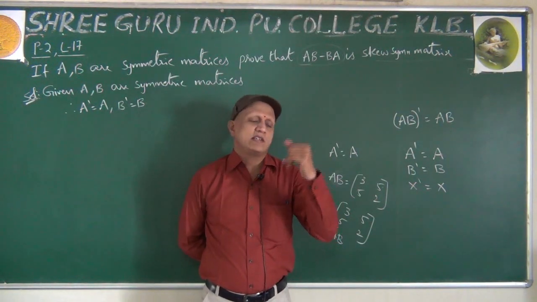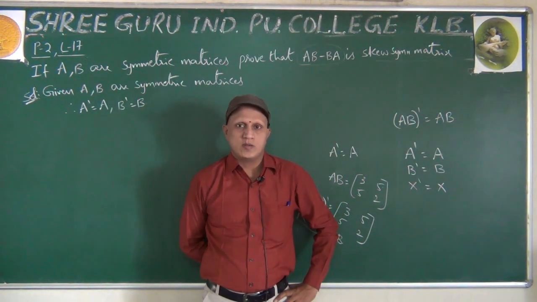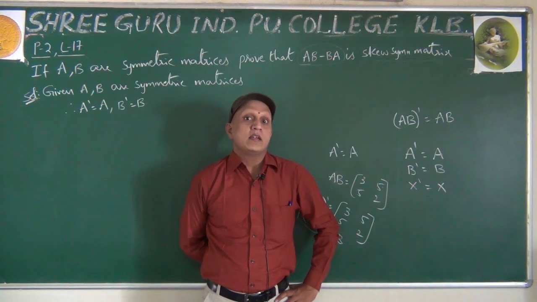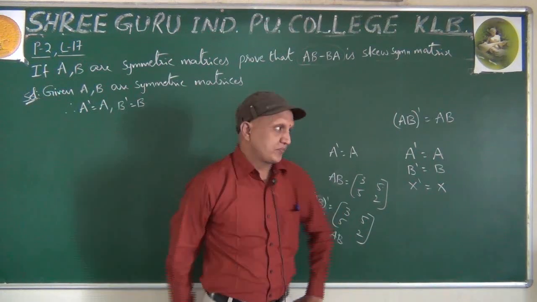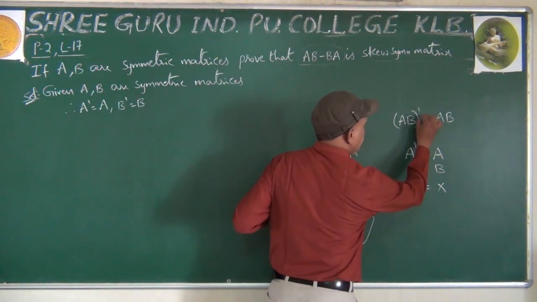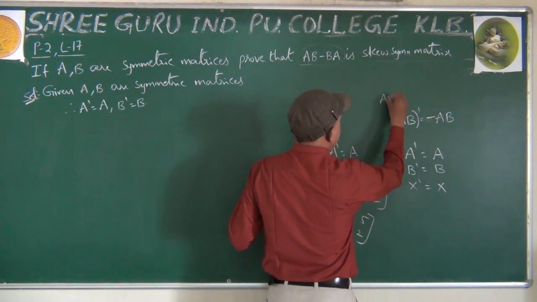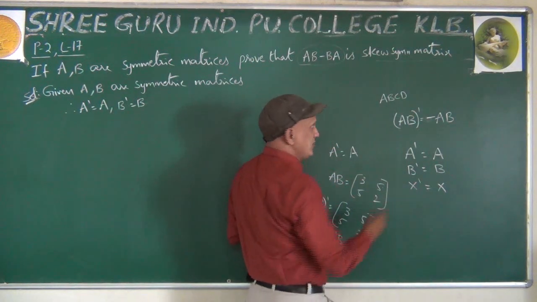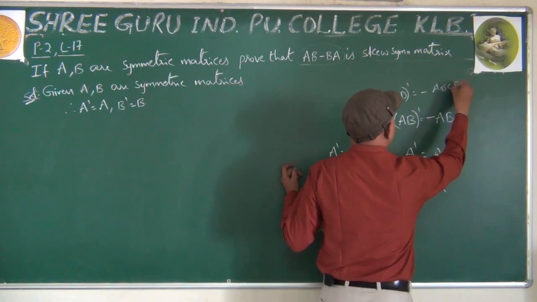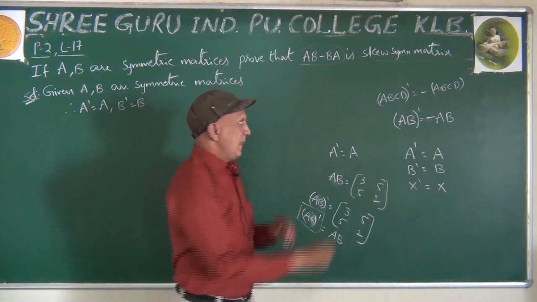C dash equal to minus C, C is skew symmetric. AB whole dash equal to minus AB, AB is skew symmetric. ABCD whole dash equal to minus ABCD, then ABCD matrix is skew symmetric.